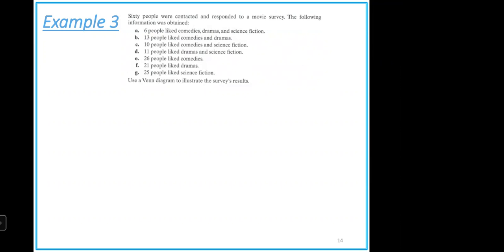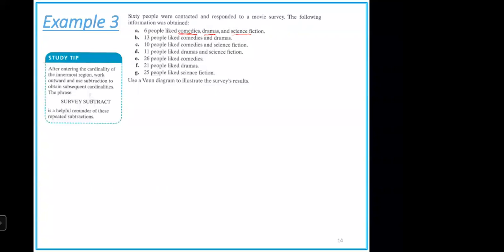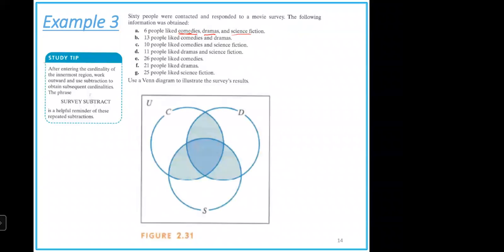In this question, they identify the 3 areas straight off: comedies, dramas, science fiction, and they tell you the number of persons that fit into all 3. That's a clearly defined area.